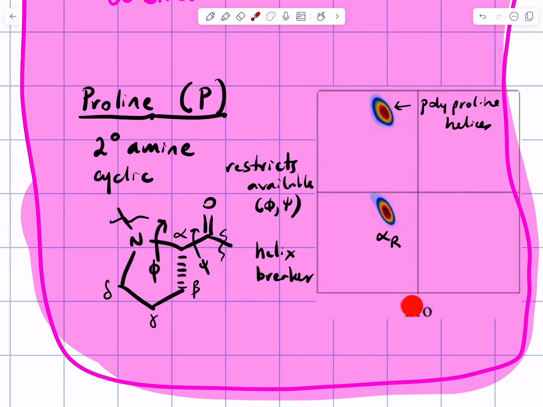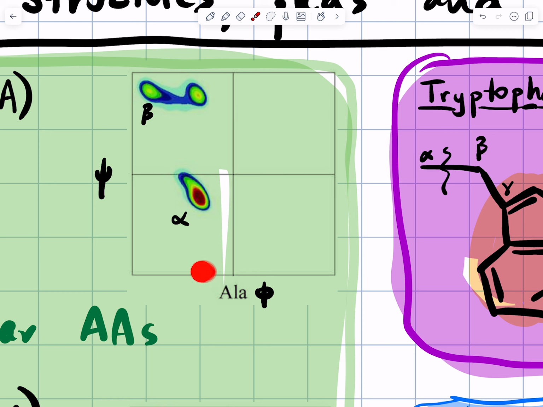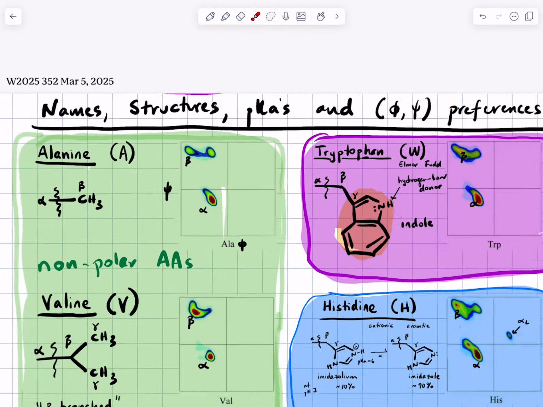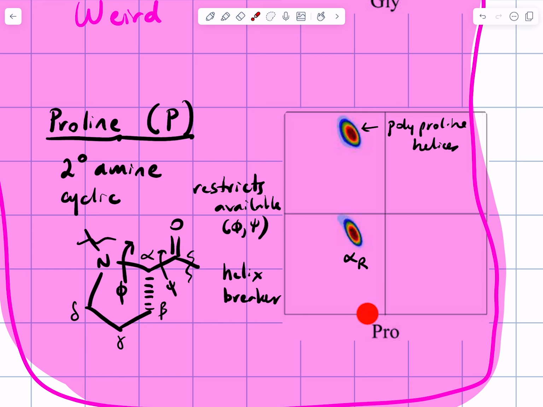Compare the dihedral angles for proline to the dihedral angles for alanine, and you can see that alanine adopts a wider range of phi values than proline does. Alanine's phi values can range from around -60 to almost -180. In contrast, proline's dihedral angles for phi are all focused around -60.